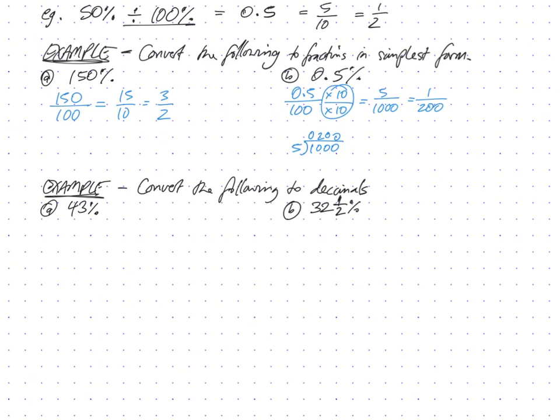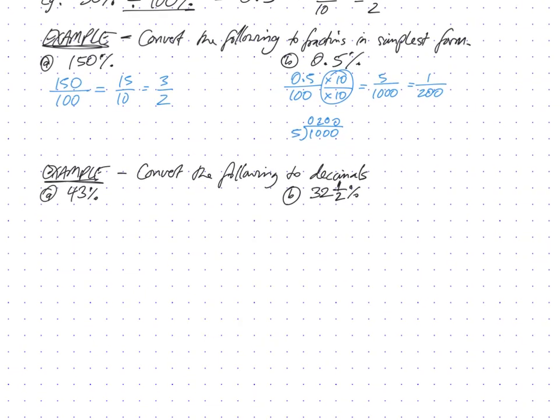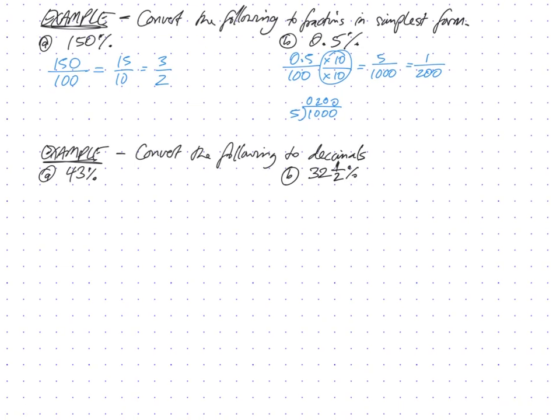Now that's fractions, that's percentages into fractions. Now we need to convert to decimals. So 43%, well I know 43% is going to be 43 out of 100. 43 hundredths is the same as 0.43.